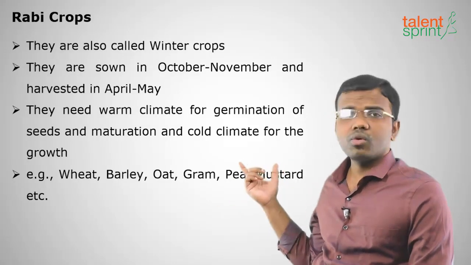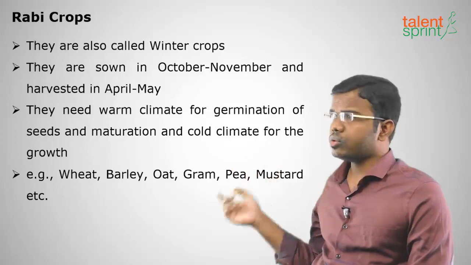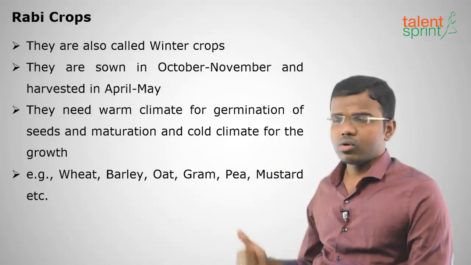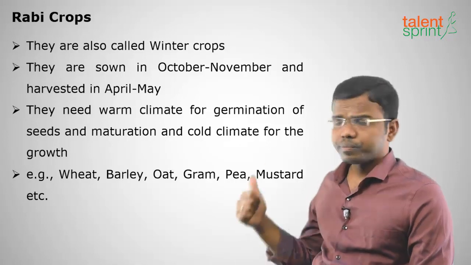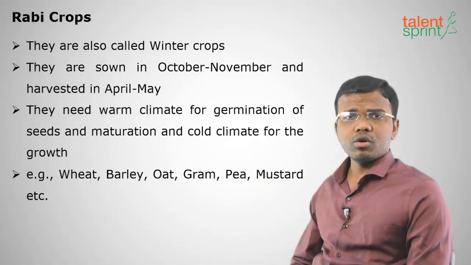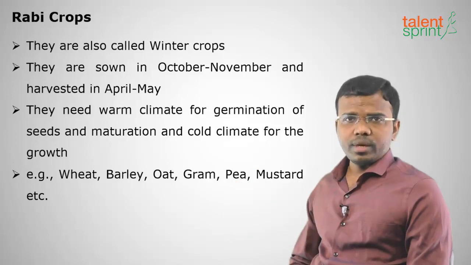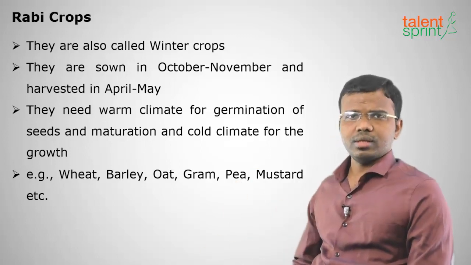Okay, and next, moving on to the next category of crops based on seasons, is Rabi crops. As the name says, Rabi crops are grown in winter from October to March, and they are called winter crops. They are sown in the months of October to November, and they are harvested in the month of April to May, or March to April in some cases.